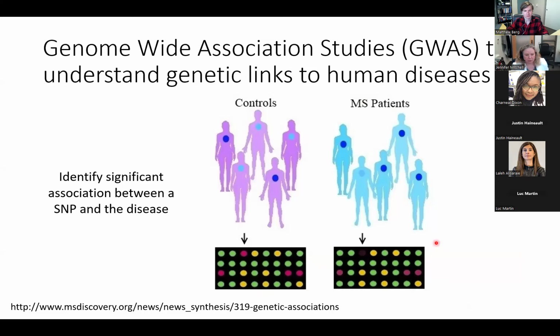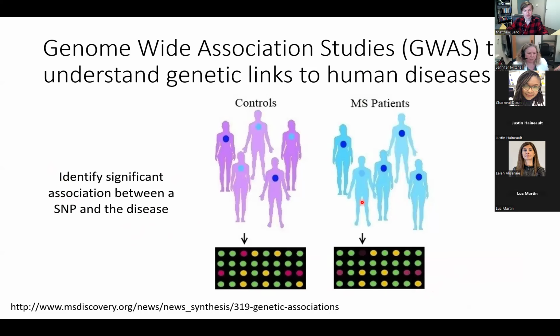And the genotype of these individuals is gathered either using a single nucleotide polymorphism array, or more recently using whole genome sequencing. And so this then allows us to make a link between a single nucleotide polymorphism in the patient that is more associated with disease.